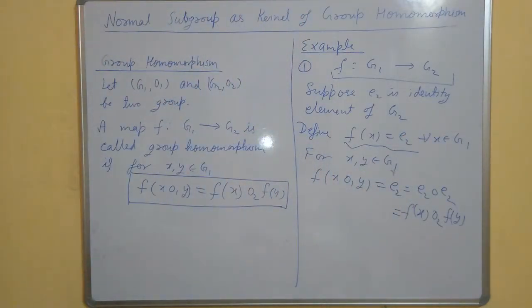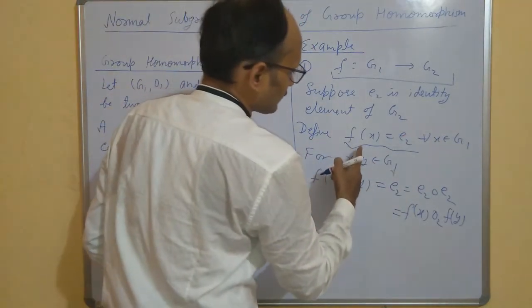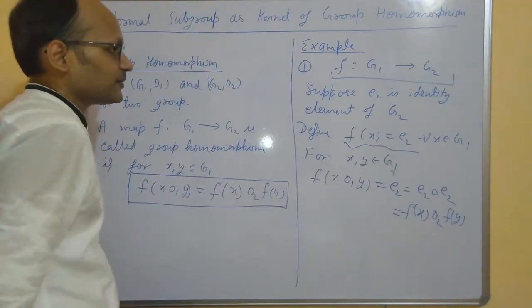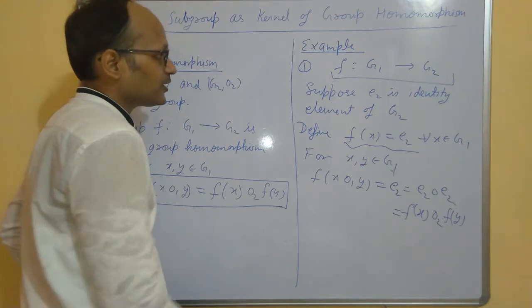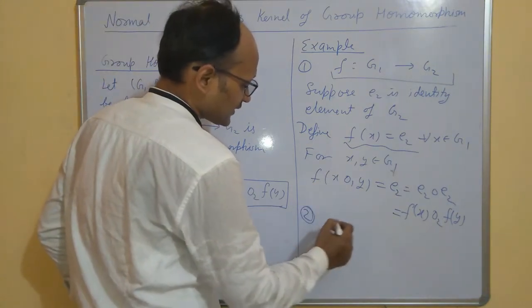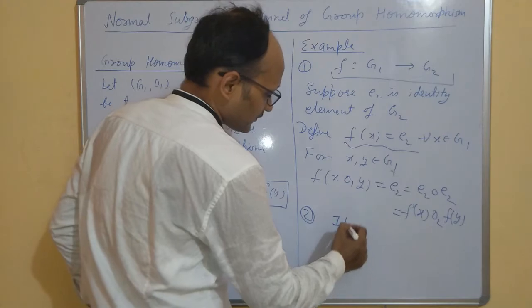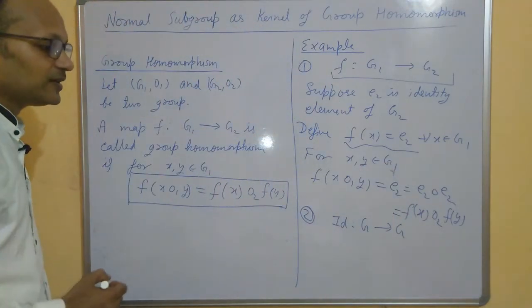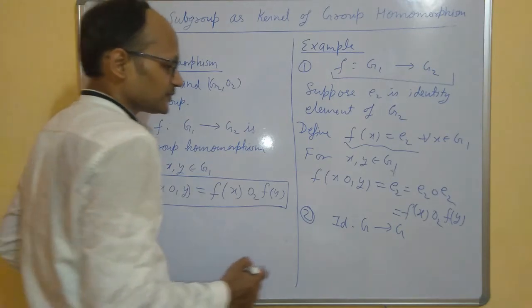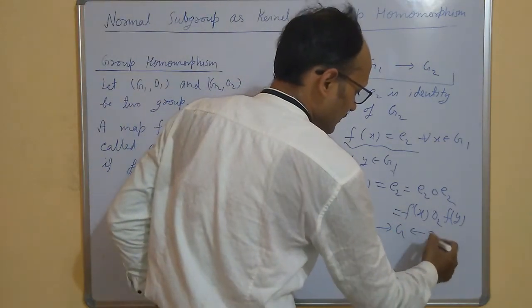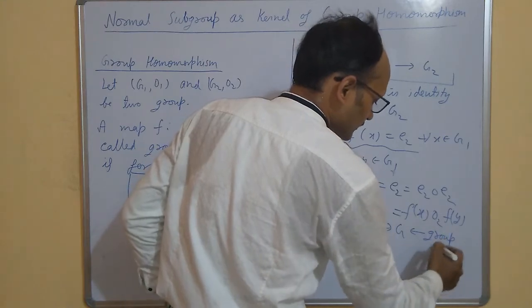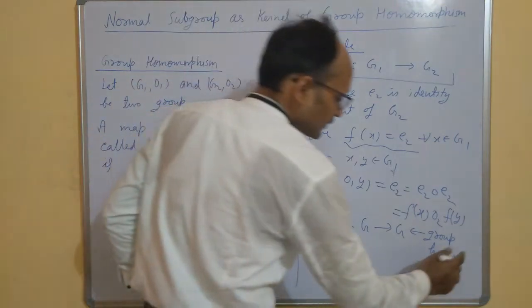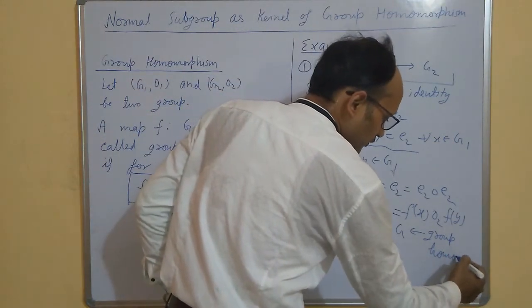It is actually a constant map. Some people also call it the trivial homomorphism, because everything is going to the identity element. Now the second example: the identity map from a group G to G is always a group homomorphism. This is an example of a group homomorphism.